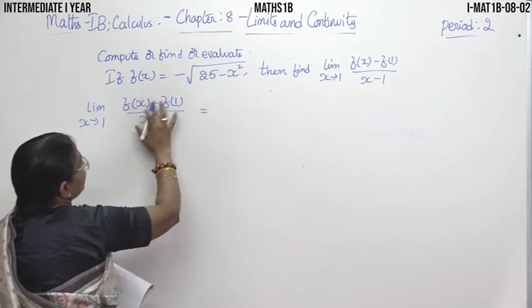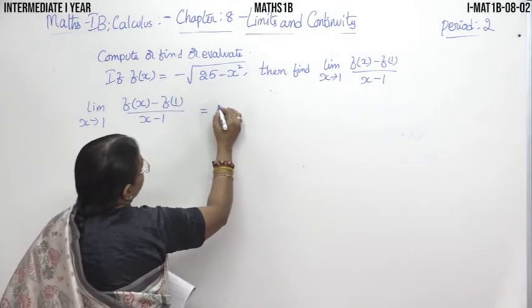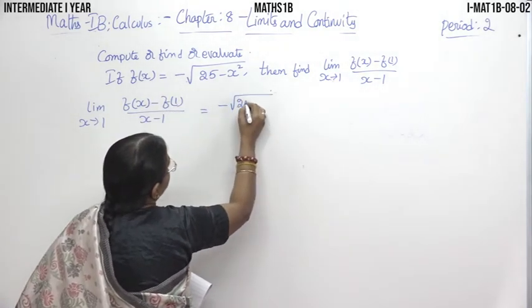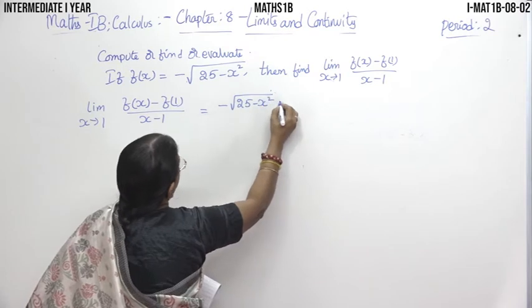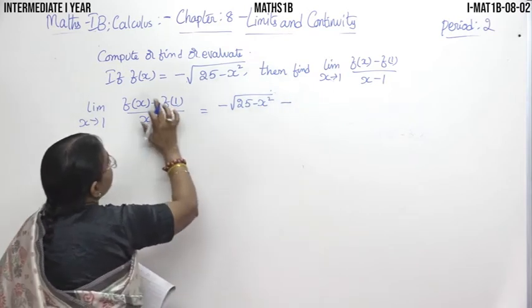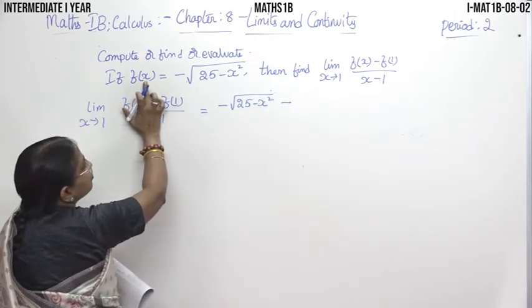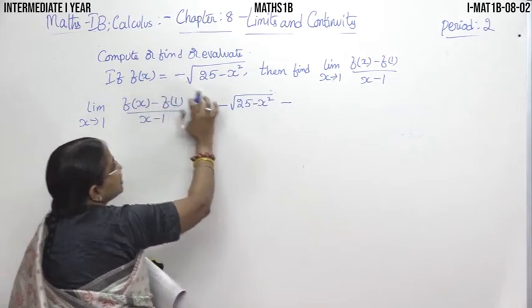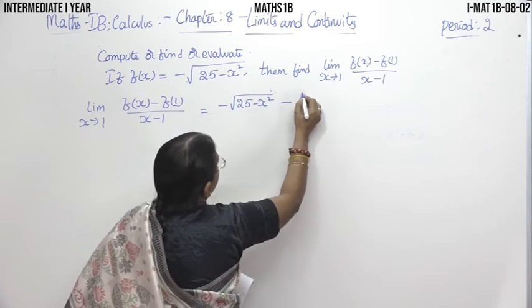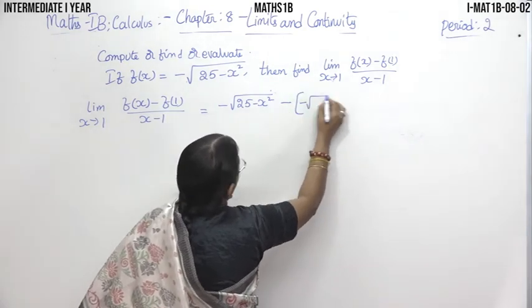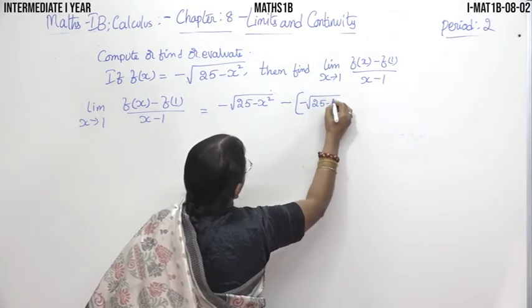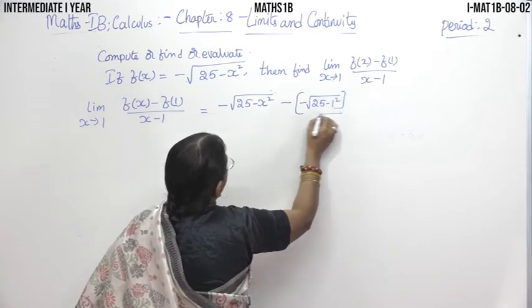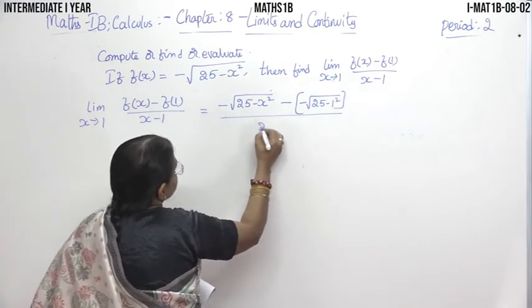So what is f of x? f of x is minus root of 25 minus x square. Minus f of 1 means in this you substitute x as 1. So this is minus root of 25 minus 1 square, by x minus 1.